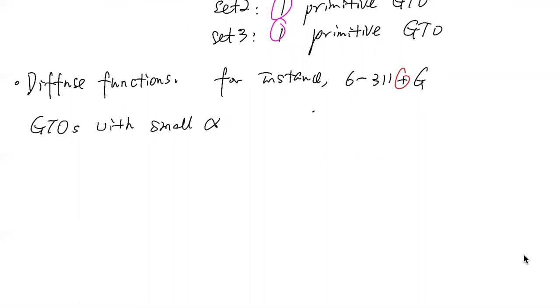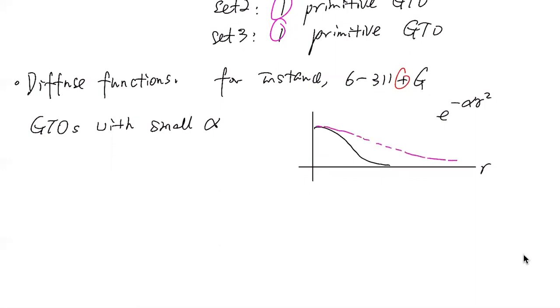Because it's exponential of negative alpha r squared, if you use a small alpha, it decays more slowly.